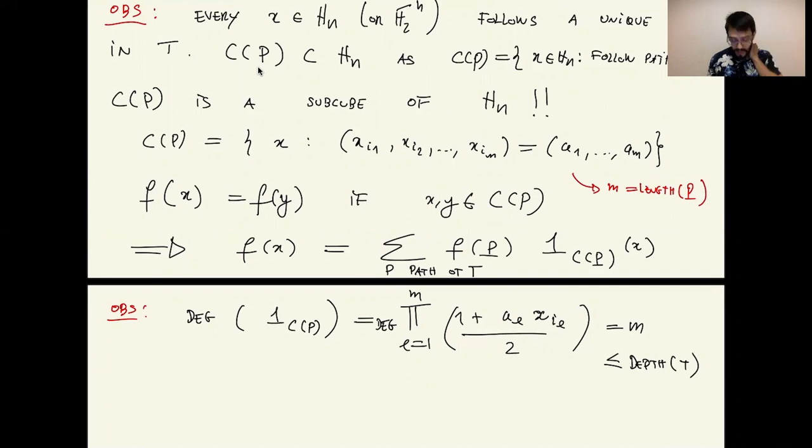And so you conclude that the degree of f, which is less than or equal to the maximum of the degrees of all these functions, is less than or equal to the depth of T. If I take the infimum among all of these numbers, I get the decision tree complexity of f.